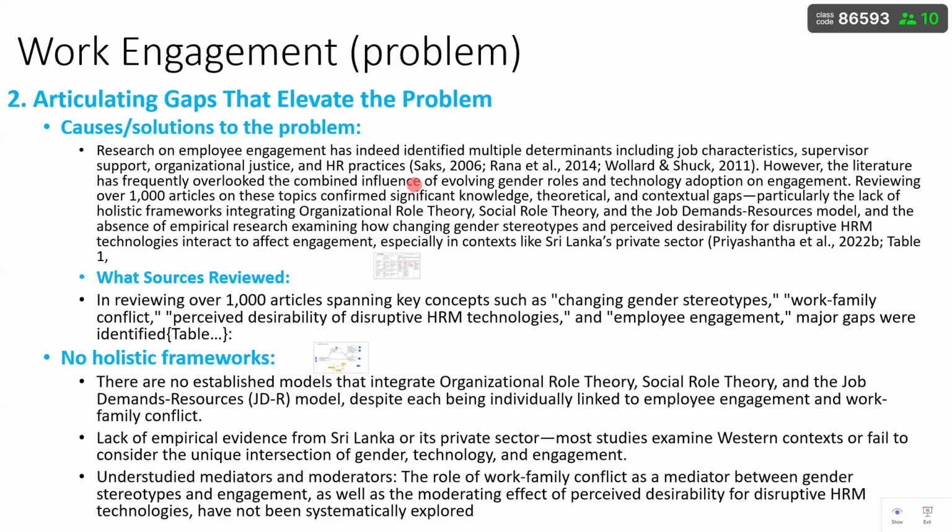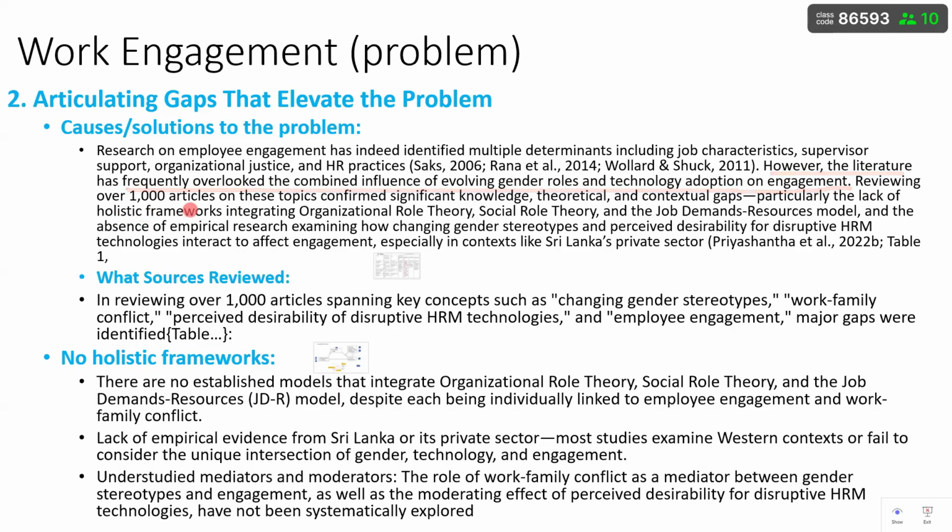Then we need to think about other sources, other factors from the literature which have been unexplored. However, the literature has frequently overlooked the combined influence of evolving gender roles and technology adoption on engagement. This has not been investigated yet.